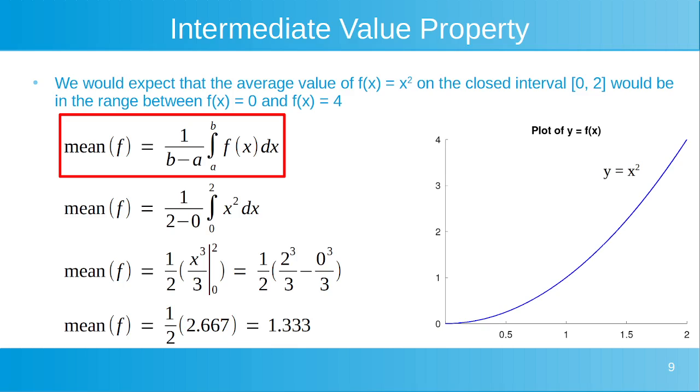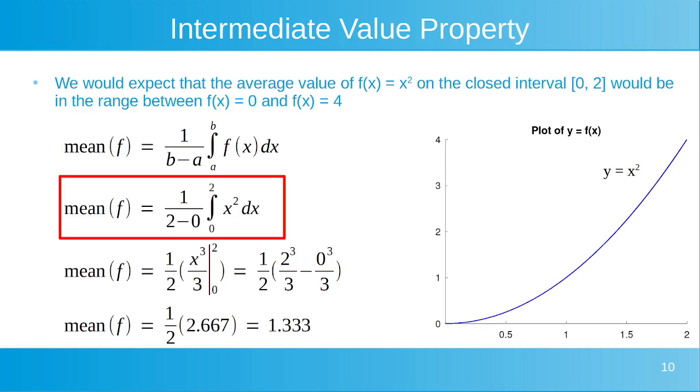We know that for our example here, f of x is equal to x squared, and we have a closed interval from 0 to 2, so a is equal to 0 and b is equal to 2. So when we substitute these values into our equation, we get that the mean of our function f is equal to 1 over 2 minus 0 times the integral from 0 to 2 of x squared dx.